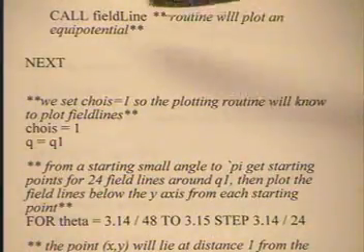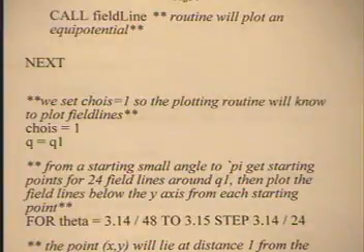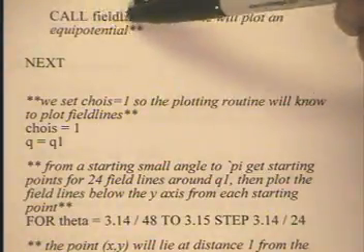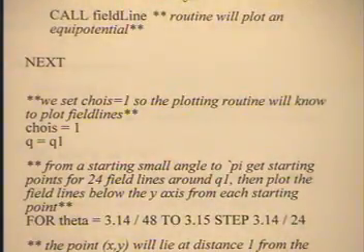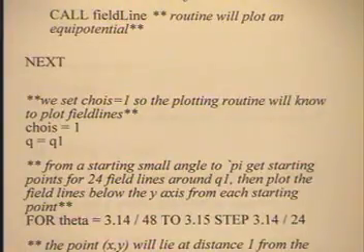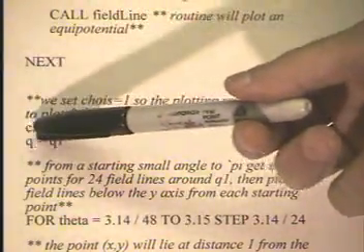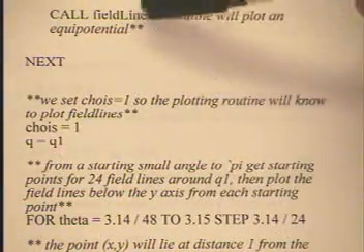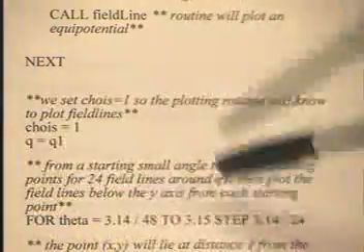That just means that the field line program knows that our choice is 2, and it knows that we just plotted the point xx, y. Okay, and when we see how that program works, we'll see what it does there. So we start with a point x, y from negative 13 to positive 13, so one of those points, and we call this program with choice equal 2, and it'll plot an equal potential.